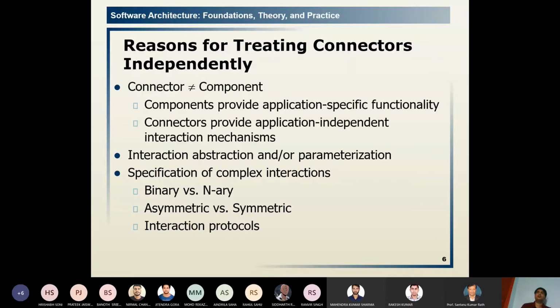Some are complex interactions, also known as rich interactions, having some informative content, just like the backend database access interaction through the connectors. Binary versus n-ary, asymmetric versus symmetric interactions. Interaction protocols are the specification we use.